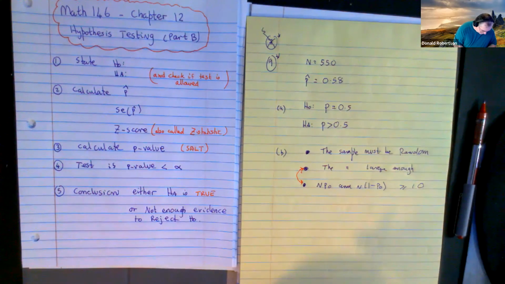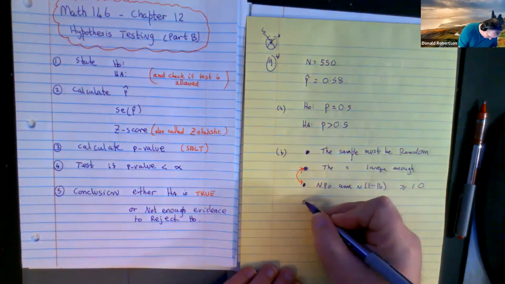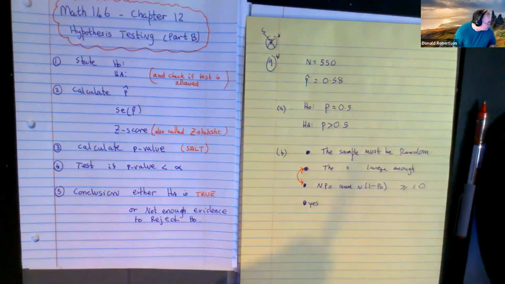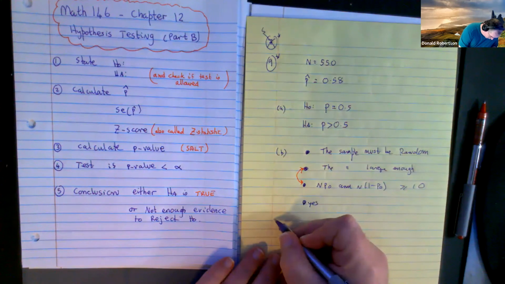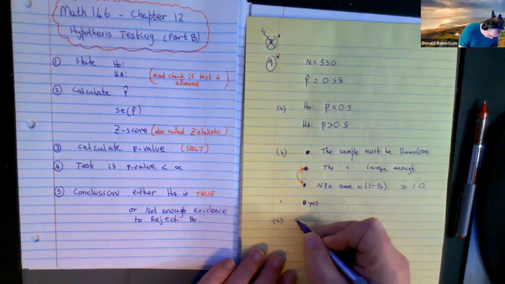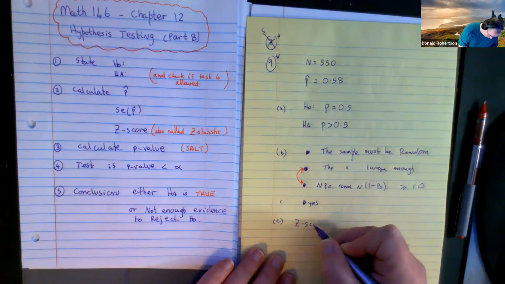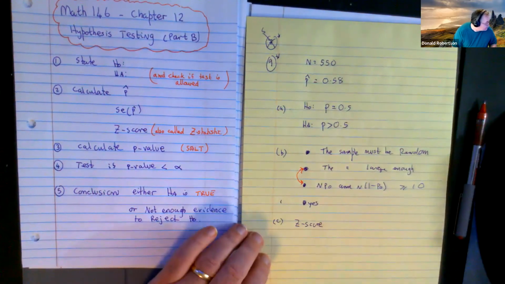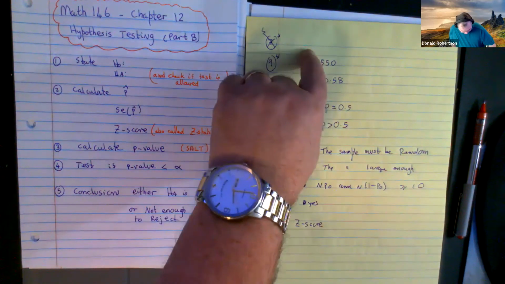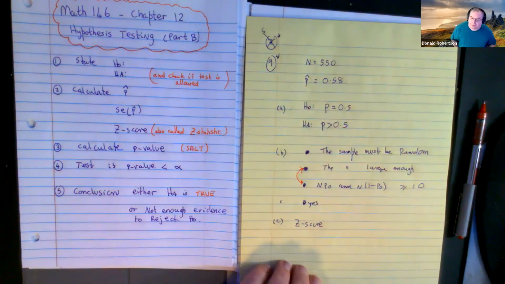And then it says, are these conditions met? And we'll assume that the answer was yes. Then we move on to calculating the Z-score. Well, I have some information, but I'm missing a few pieces.